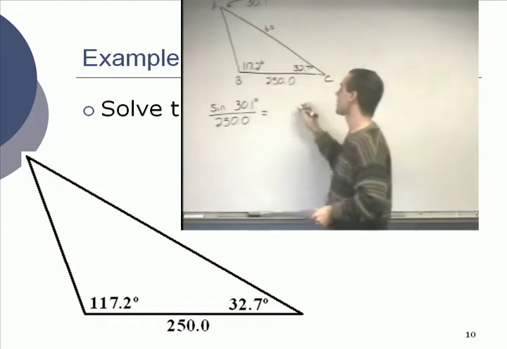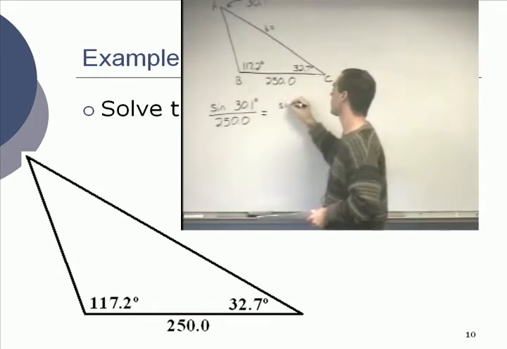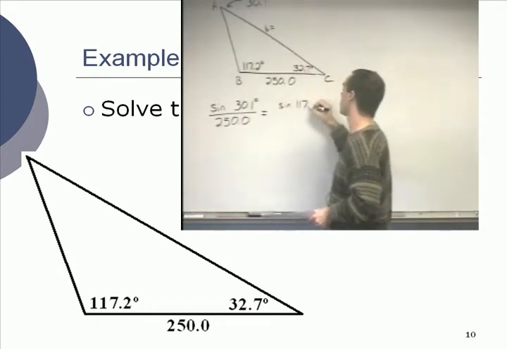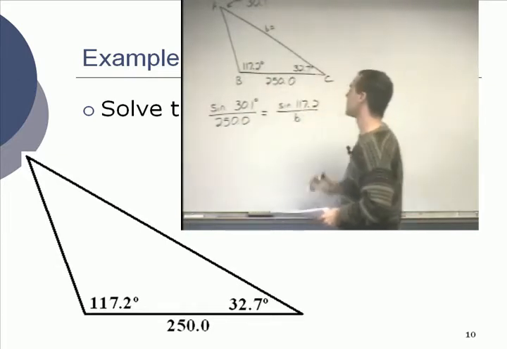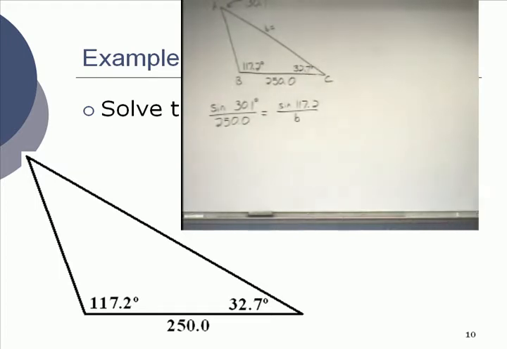Let's use a sine of 117.2 over b, which is what we want to find. Everybody agree with that setup? Sine of an angle over opposite side has to be the same proportion. They got to be equal.